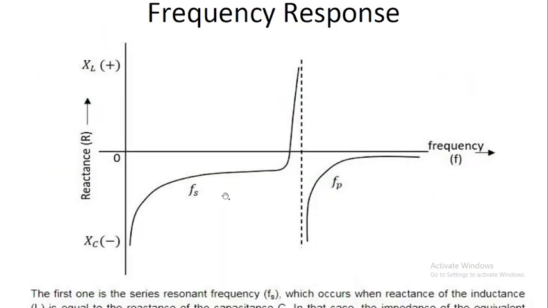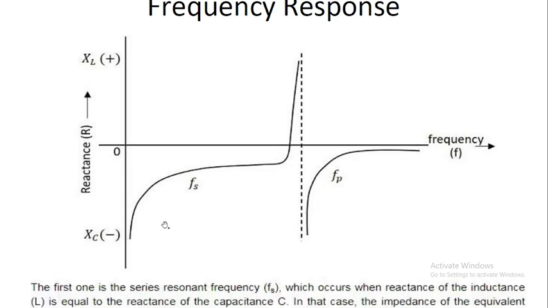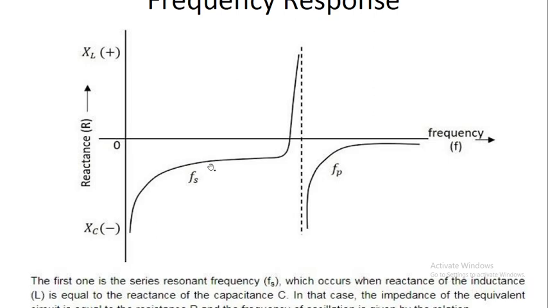Now you are seeing the slide of the frequency response of the crystal oscillator. Here this solid line can be called Fs, that is the series frequency, and the dotted line is called Fp, that is the parallel frequency. The series resonance frequency is formed whenever the reactance of the inductance is equal to the reactance of the capacitance.